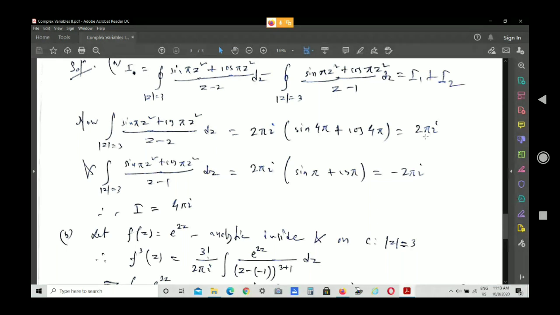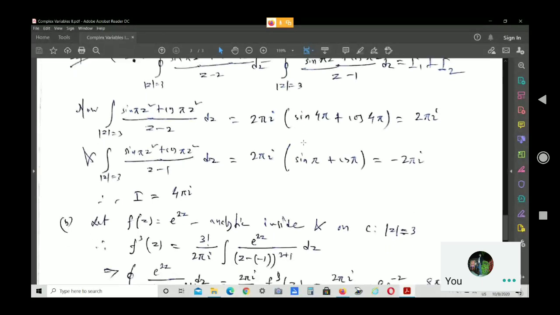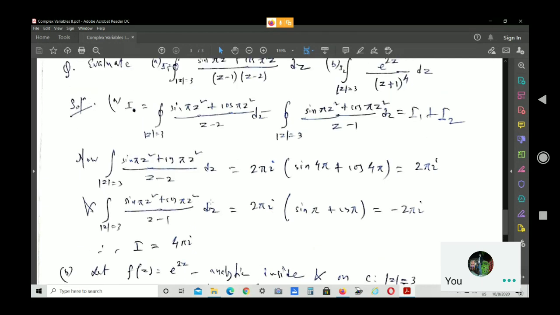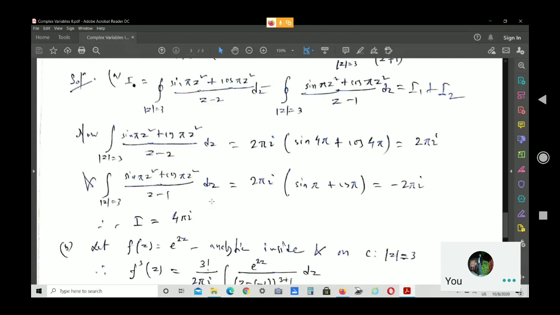2 pi i. Did you understand, Abhijit? How did this come? Yes sir. Did you really understand? If you don't understand, you can ask me. We are applying Cauchy's integral formula here.